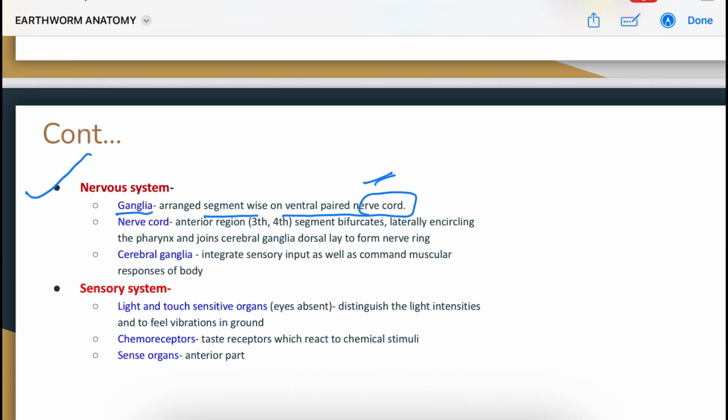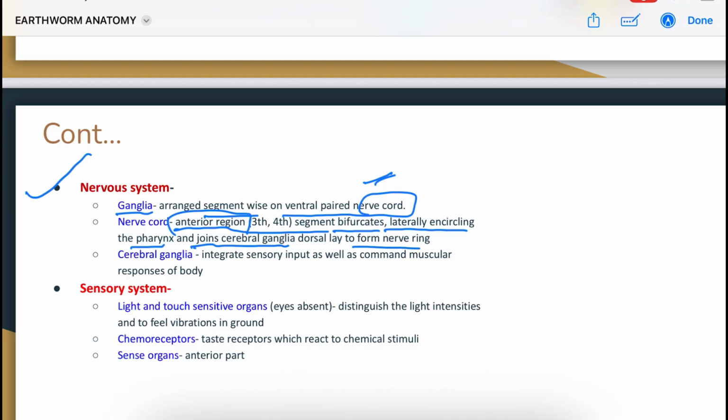Nerve cord present anterior region पे on 3rd, 4th segment that further bifurcate laterally encircling the pharynx and joins further to cerebral ganglia to form nerve ring.